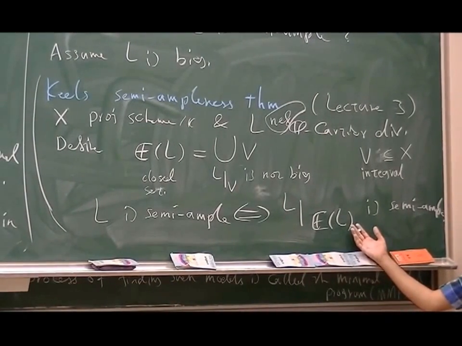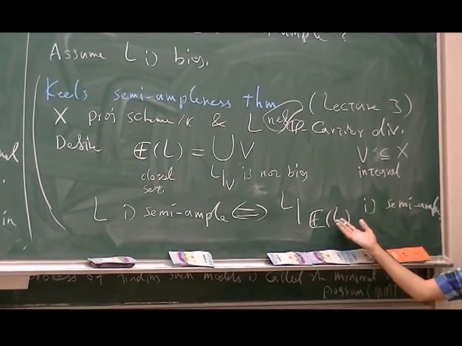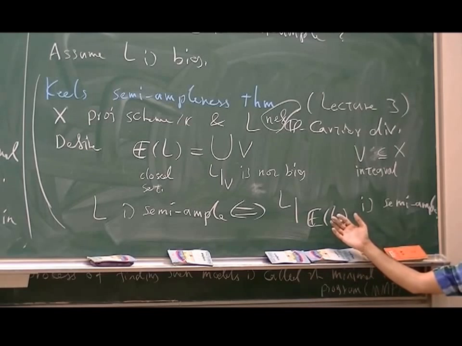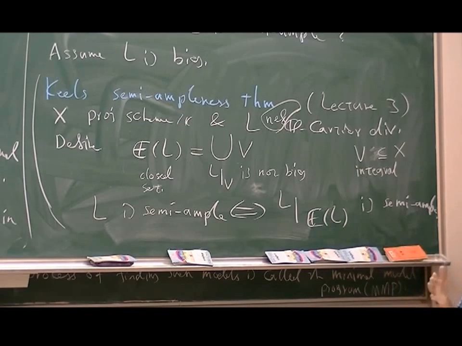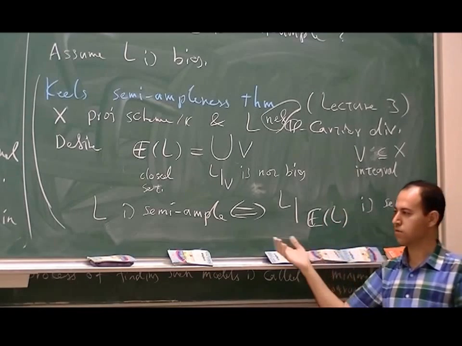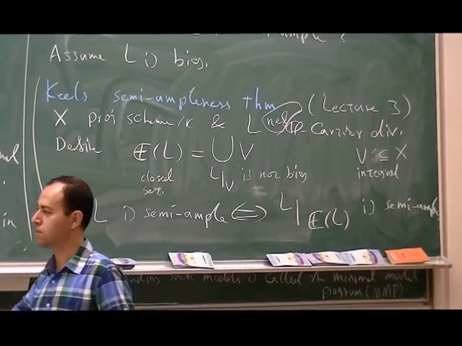There is no such thing over complex numbers. This is really a very characteristic p kind of statement. And the reason you can prove such a statement is precisely because of what I discussed in the last lecture. When you have a scheme and a closed subscheme, and you consider a thickening of this closed subscheme, you can understand freeness on the thickening by using Frobenius. So in characteristic p you can do this, but not in characteristic zero. That's why you can prove this kind of statement.